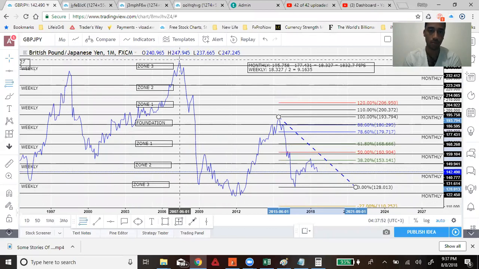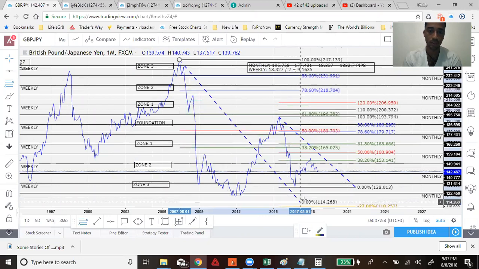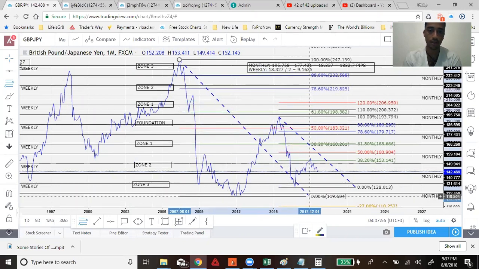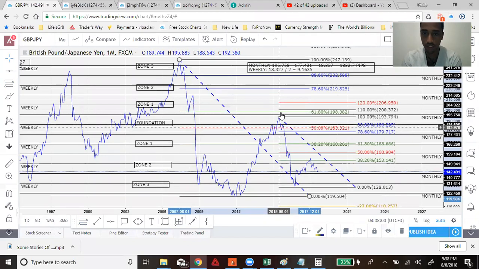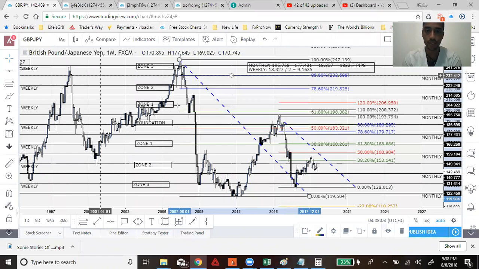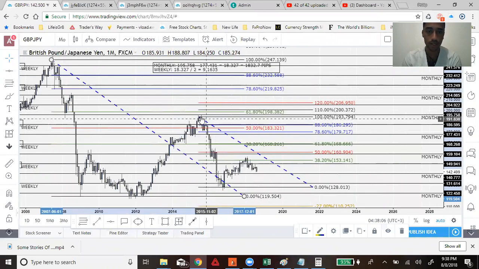If I go point A up here, point B down here, price got in between 50 and 61.8. Let's put on the actual candlesticks and see if it wicked towards that area. Well, it wicked towards the monthly key level more than it did the actual fibs itself, right?